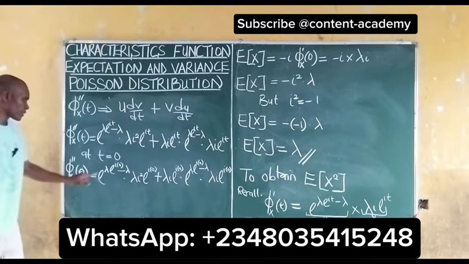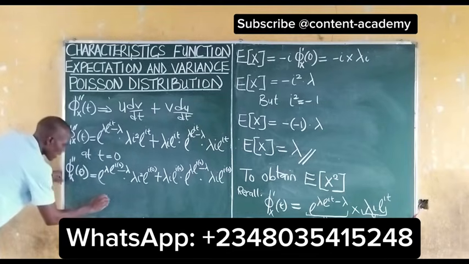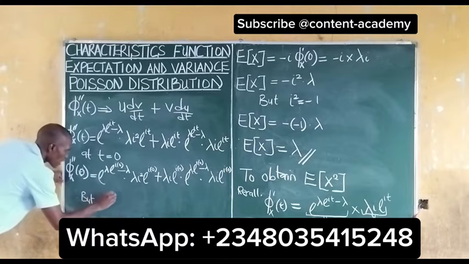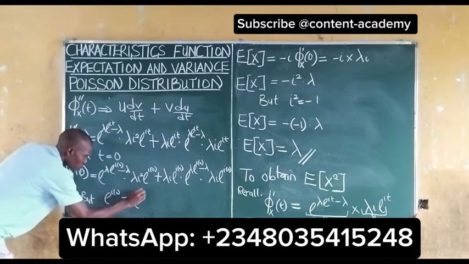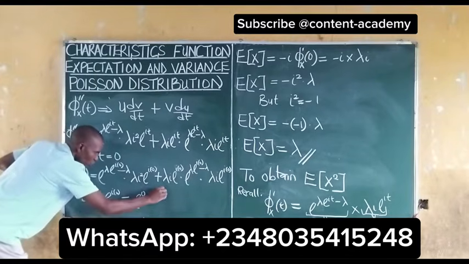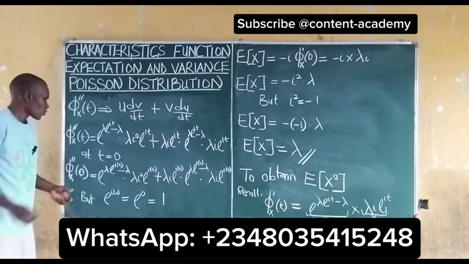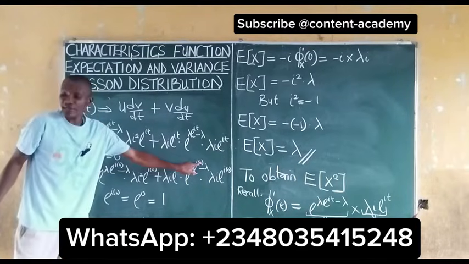So anywhere we see t, we put 0. From indices, exponential i0 is the same thing as exponential 0, which is also equal to 1, because anything raised to the power of 0 is 1. So anywhere we see our exponential function, we put 1 there.